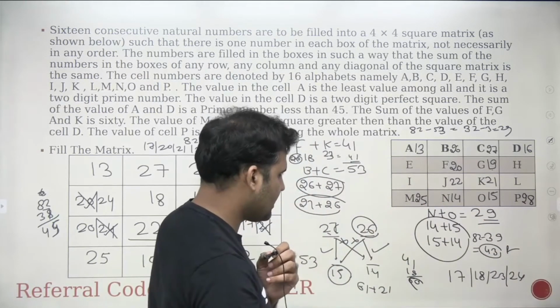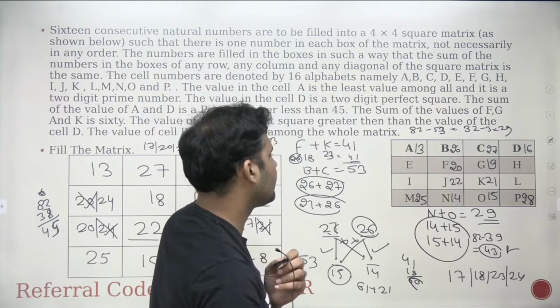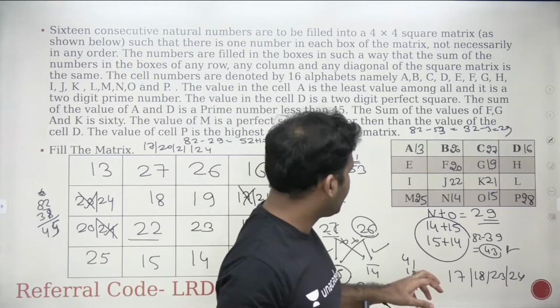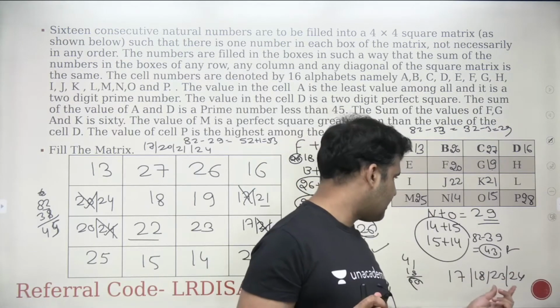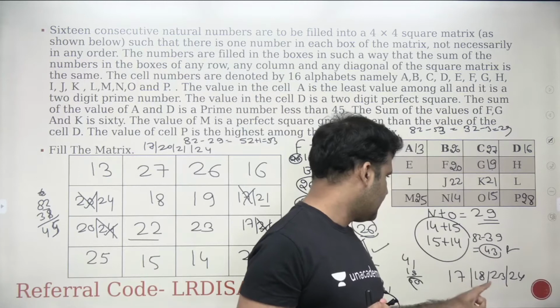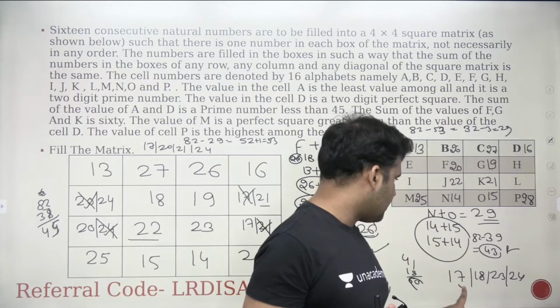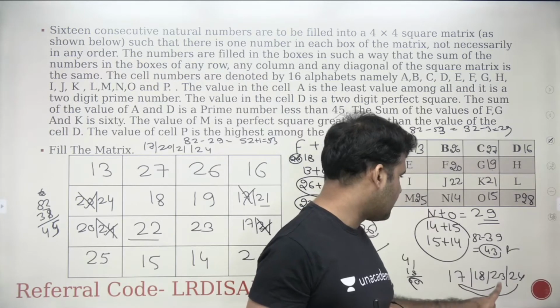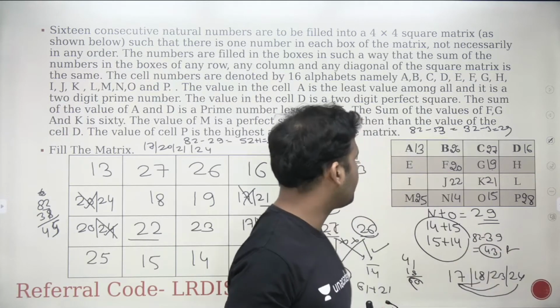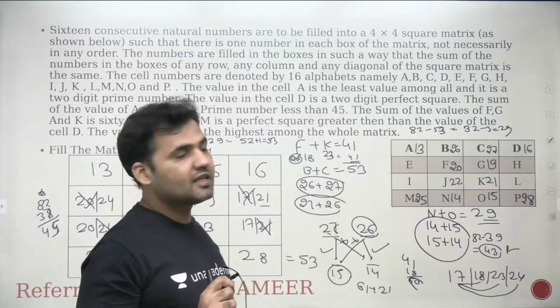What are the two numbers which can give me the summation as 43 here? 17, 18, 23 and 24. Do we have numbers with the summation as 43 here? No, none of these can be equal to 43. So therefore this case is eliminated.